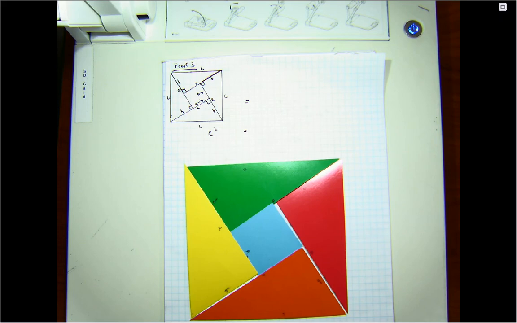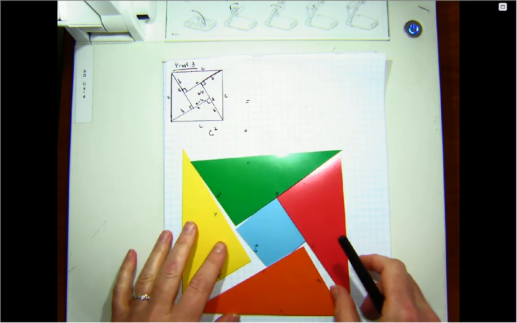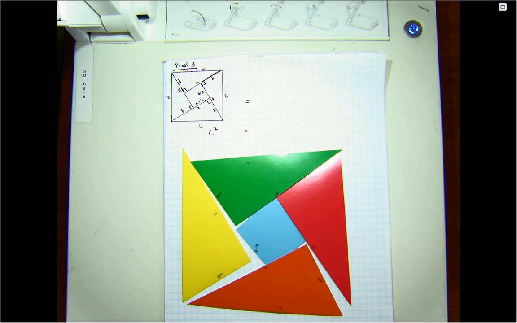Now A squared will be a square A by A, and B squared will be a shape B by B, and you want those at the same time. So you can't really separate out the A squared and the B squared. They're going to be attached. So you're going to end up with two squares that are attached. One square will be size A by A, and one will be B by B.